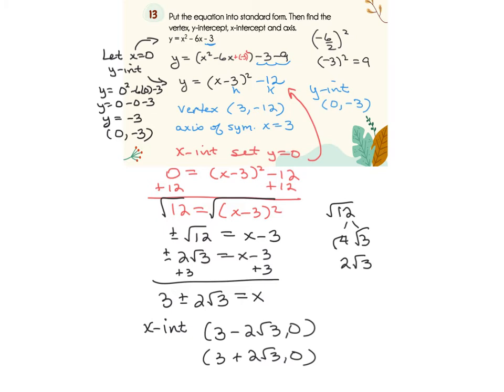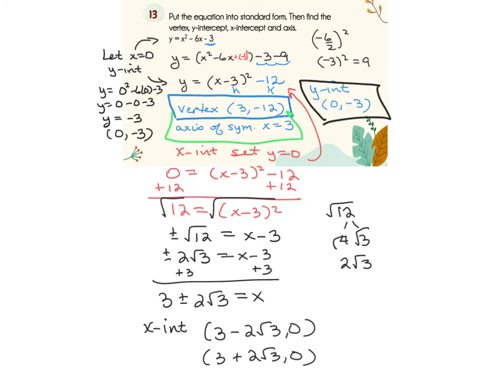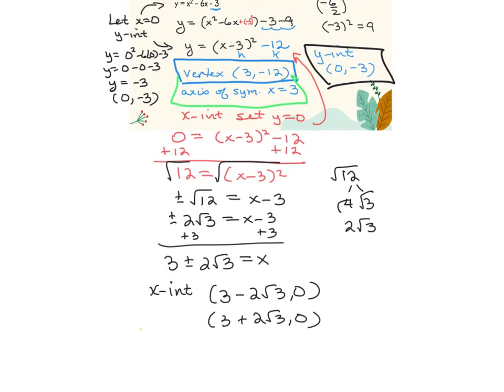I now have found everything that was requested. Again, I found my vertex. I found my axis of symmetry. I found my y-intercept. And then I also found my x-intercepts.